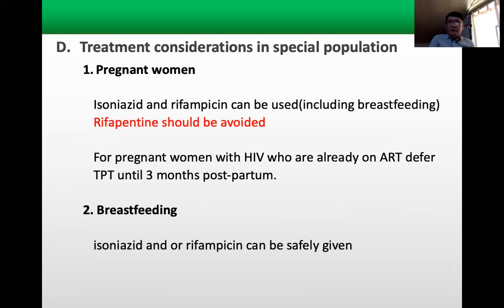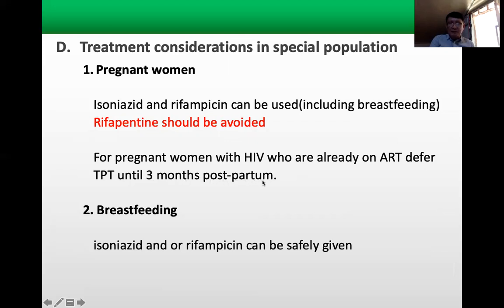So treatment consideration in special populations: pregnant women, isoniazid and rifampicin can be used, including breastfeeding. Rifapentine should be avoided. Okay, so this is very clear. For pregnant women with HIV who are already on ART, we can defer the TPT until 3 months postpartum.